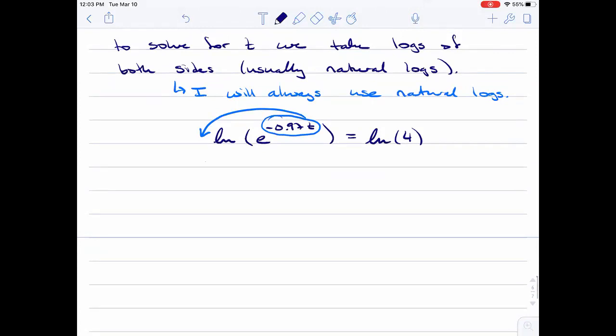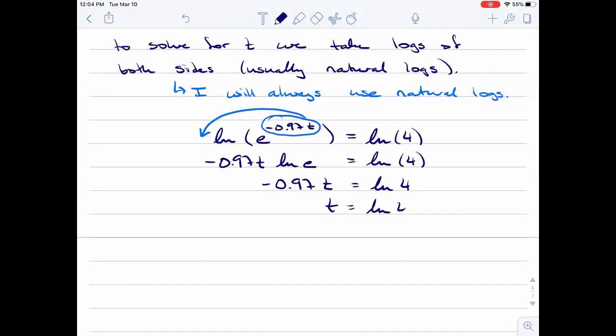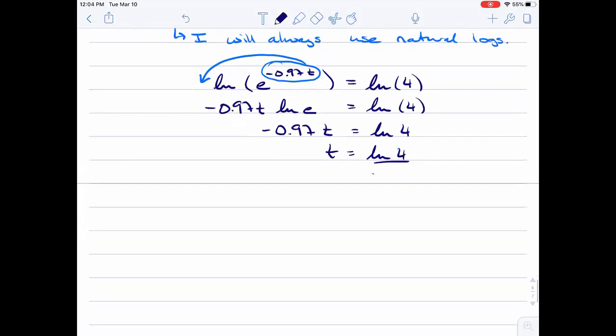So we've got negative 0.97t times the natural log of e is the natural log of 4. Don't forget that natural log of 4, because it's going to help you in solving this. So you get negative 0.97t equals the natural log of 4. Solving for t, I get t is the natural log of 4 over negative 0.97.